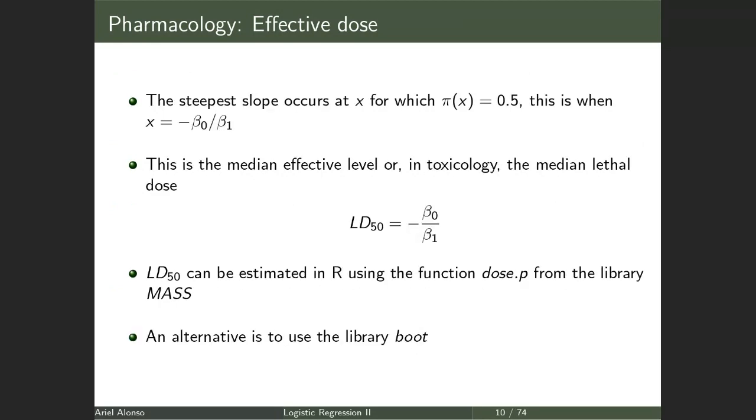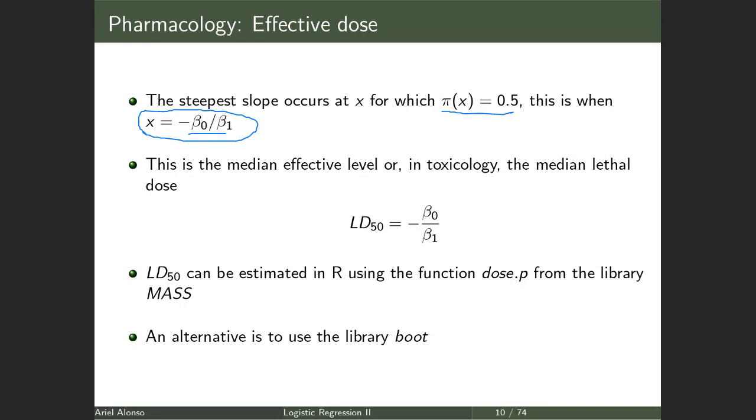If you do a little bit of math, the steepest slope is, of course, where you get the effect in 50% of the population, and you can find that this is the LD50. This is the value of the dose for which you are going to get this toxic effect in 50% of the population.